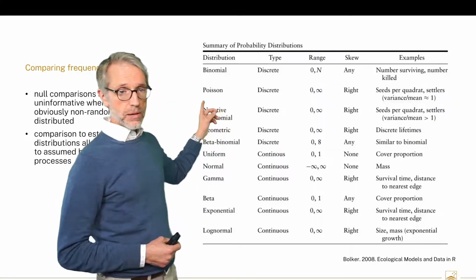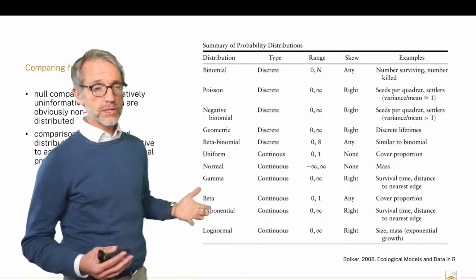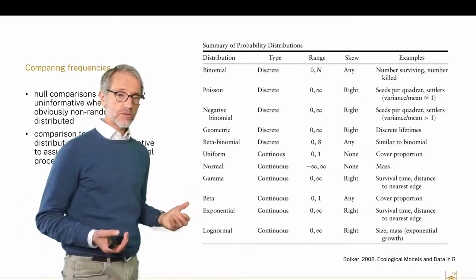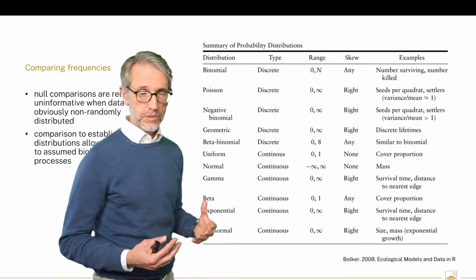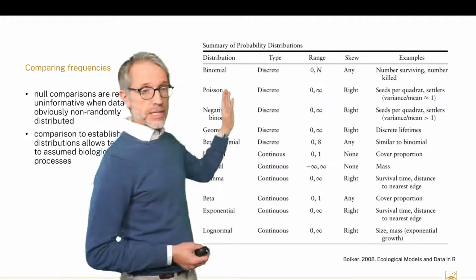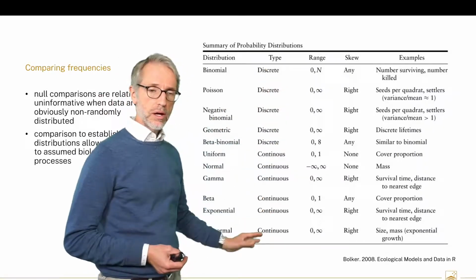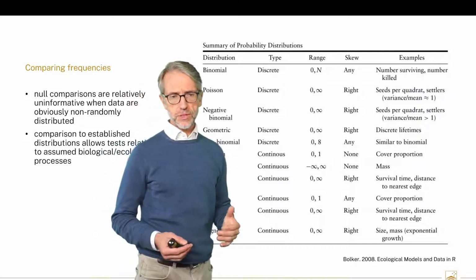Up the top here, we have the Poisson distribution. The Poisson distribution is a useful one for analysing the occurrence of outcomes in space or in time. So you can see that any number of distributions might be used in place of the random distribution.